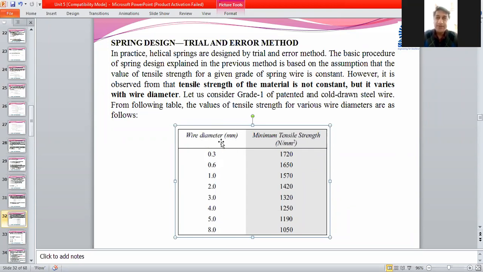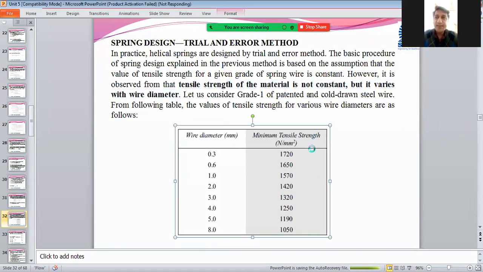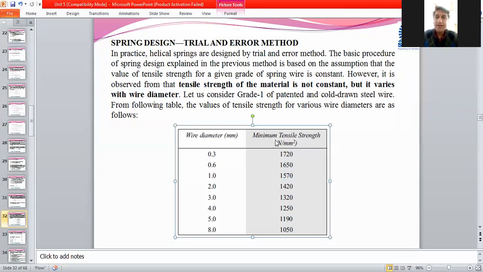And here you can see in this table that wire diameter in millimeter has been mentioned from 0.3 millimeter to 8 millimeter. Whereas the minimum tensile strength for that wire has been mentioned here in Newton per millimeter square.